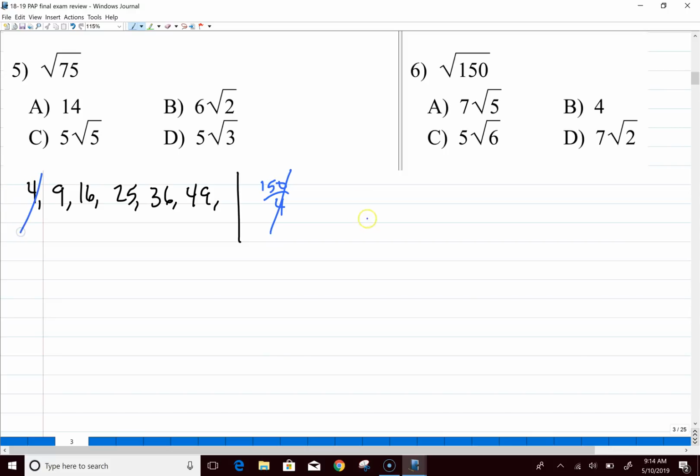So the 4 is not good. 150 divided by 9. That's a decimal, so that's wrong. 150 divided by 16 now. It gives me a decimal. I don't want a decimal. And then the next one in line is 25. And that gives me 6.